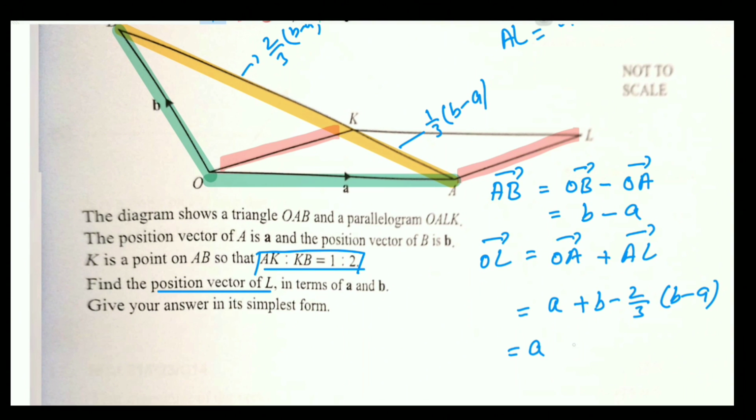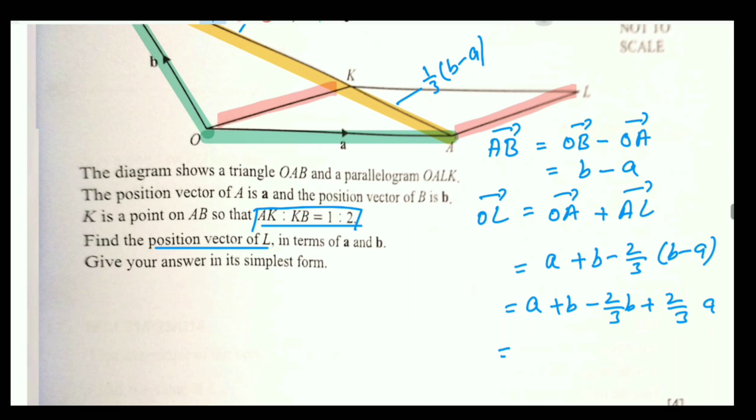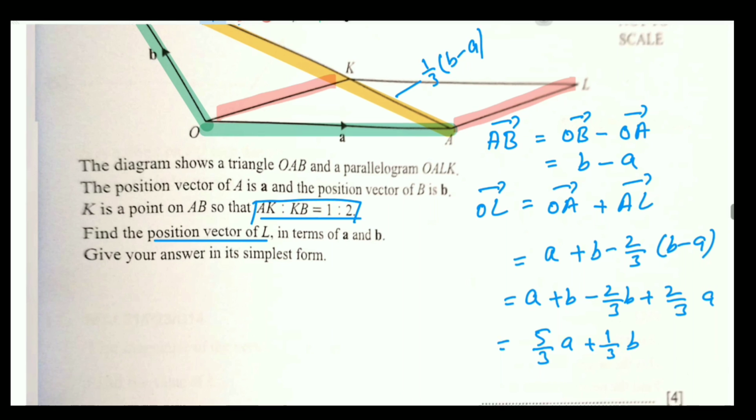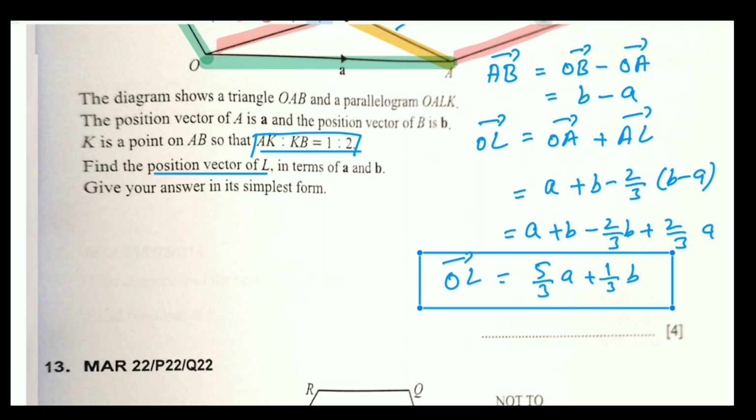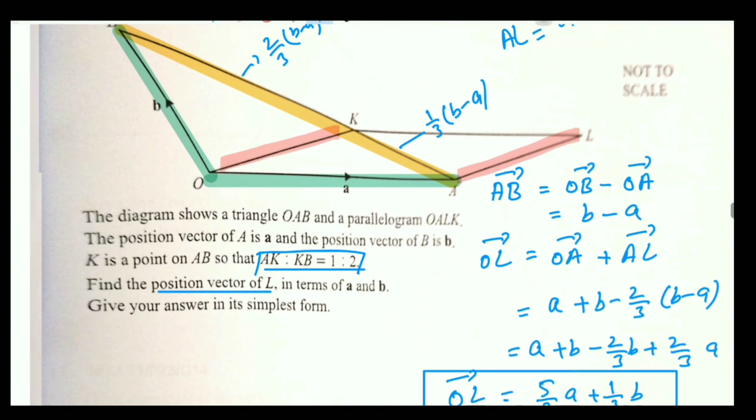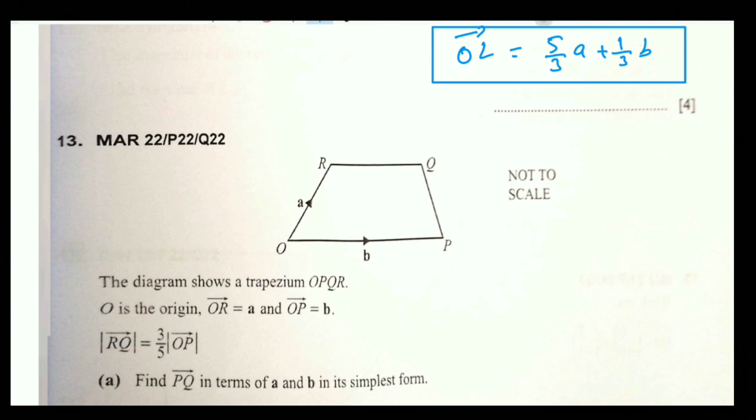We will simplify: a plus b minus 2/3 b plus 2/3 a, and so 3 plus 2, 5/3 a, and 3 minus 2 is plus 1/3 b. So this is OL, the position vector of L. That is the final answer. Okay, next question.